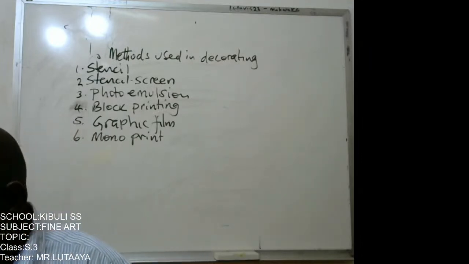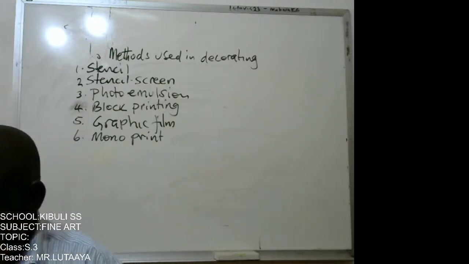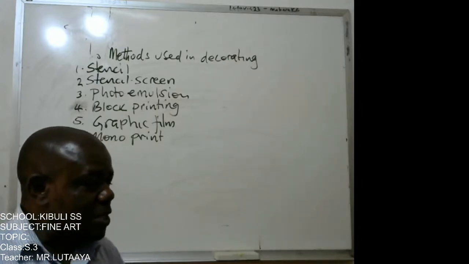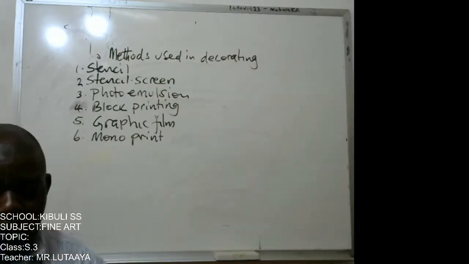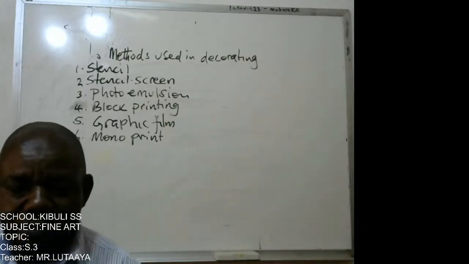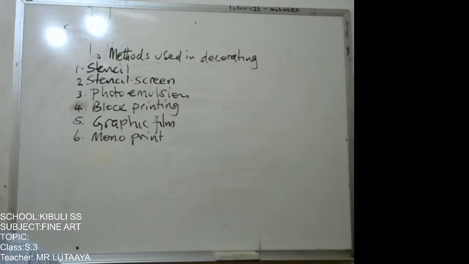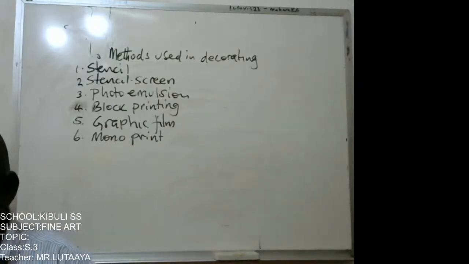Now, the second session of our presentation, after looking at the different ways of fabric decoration: I'm not going to introduce that now because we have tie and dye, which is also a topic on its own. We have batiking, also a topic on its own. We have thread work, what we call embroidery, also a topic.